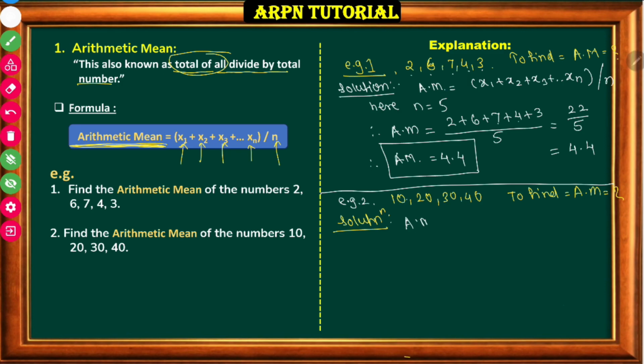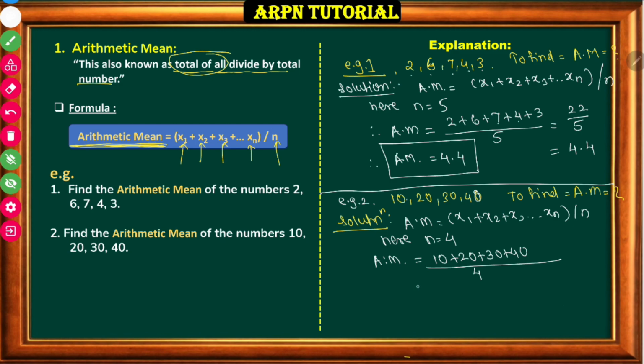The formula, as we said, is (x1 + x2 + x3 + ... + xn) upon n. Here what values do we have? We have n is equal to 4. Now I'll put in all the values: 10 plus 20 plus 30 plus 40 upon 4.